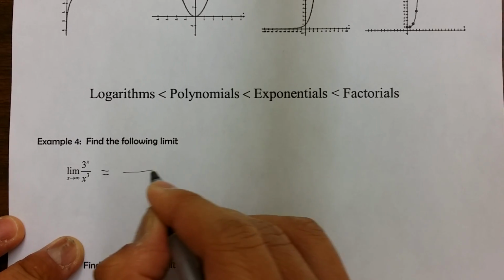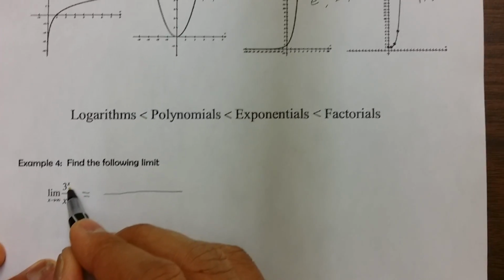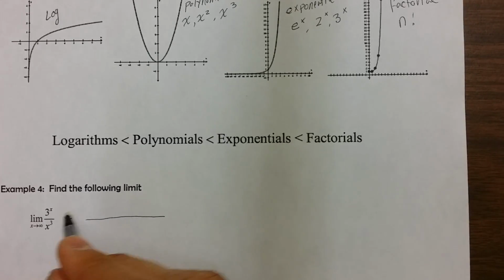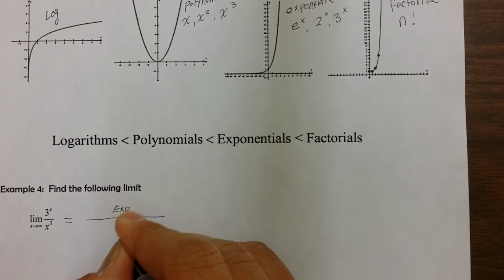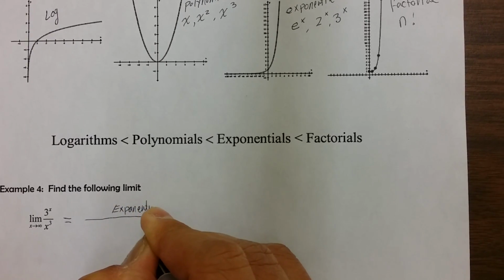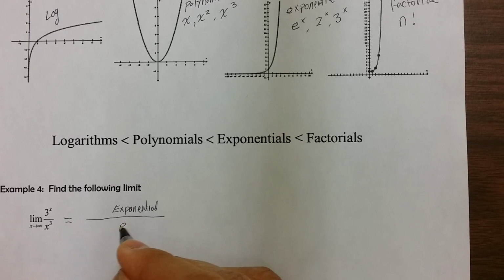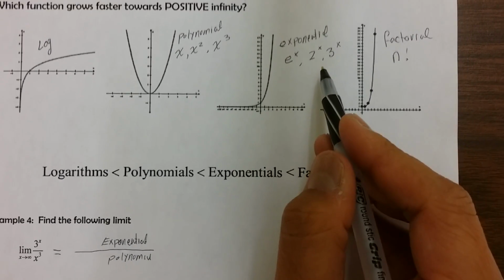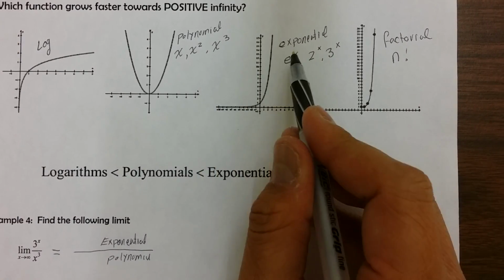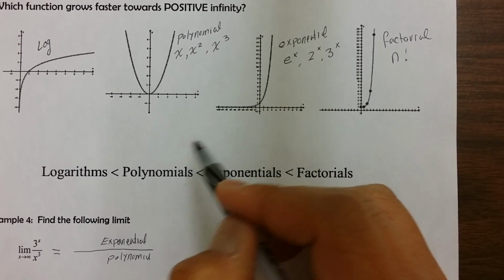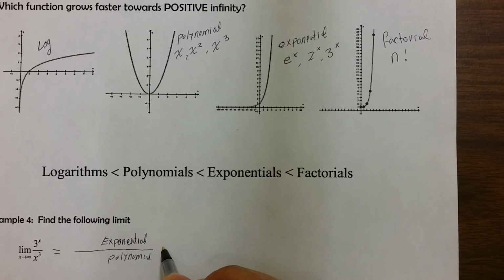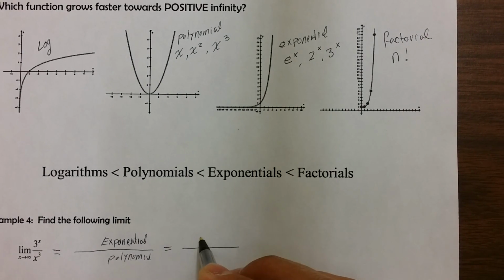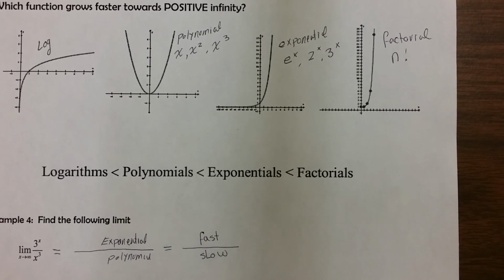I know that this is an exponential function. So the top is exponential, the bottom is polynomial. And as you can see, exponential is faster than polynomial. This is a fast growing function compared to a polynomial, which is really slow compared to exponential.